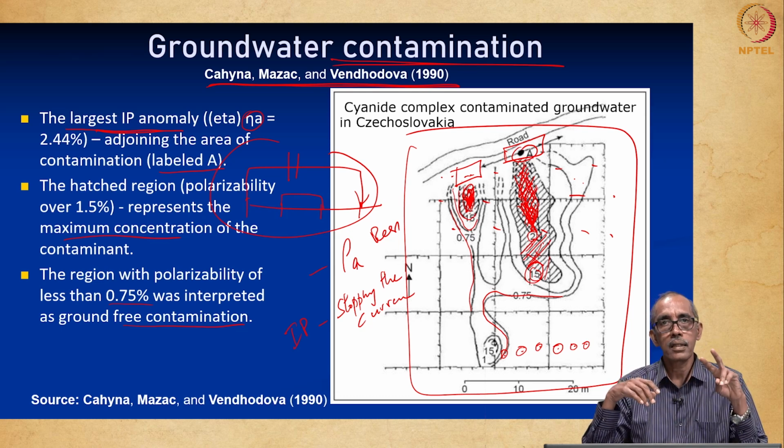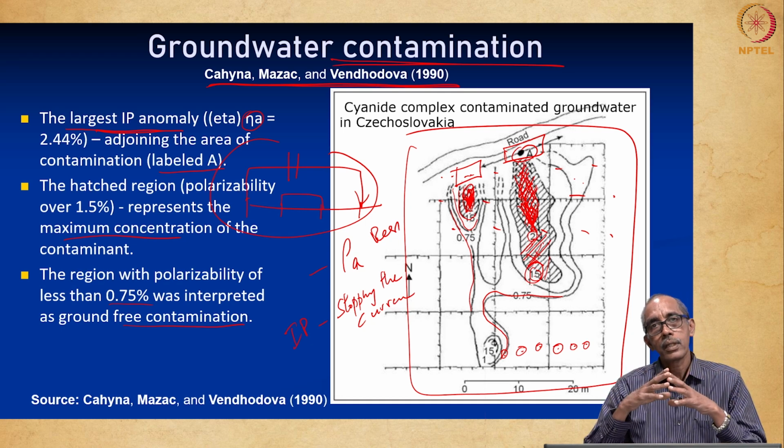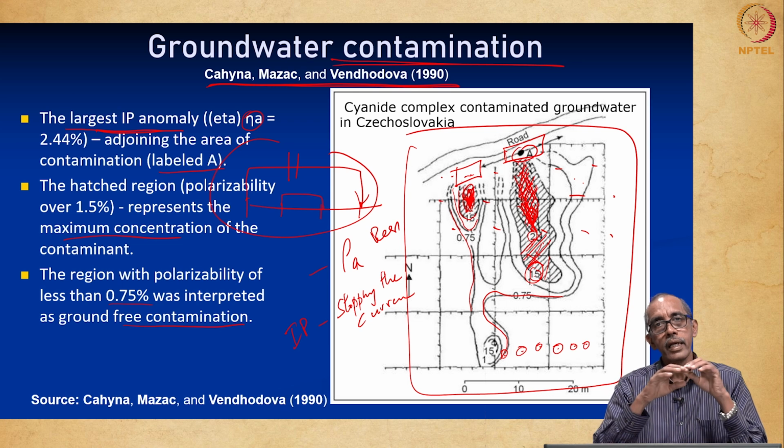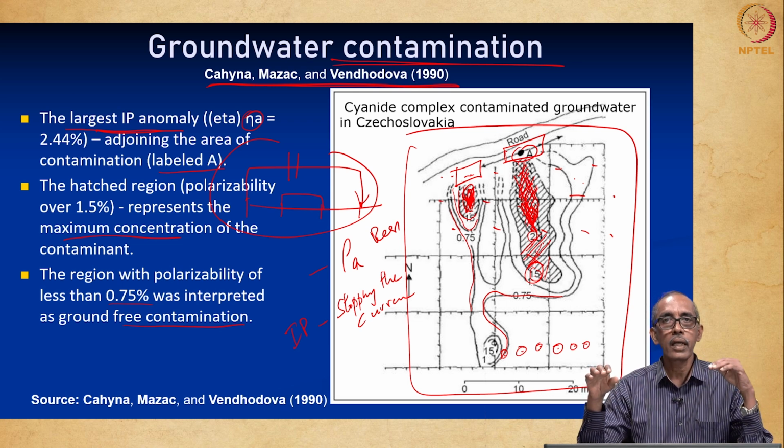There are 2 ways in which the survey can be carried out. Before that, please remember, the induced polarization method can be carried out in any electrode configuration, all the configurations which we had seen in the resistivity method, like Wenner, Schlumberger, pole-dipole, dipole-dipole and so on, right. The survey for the induced polarization method can be of 2 types.